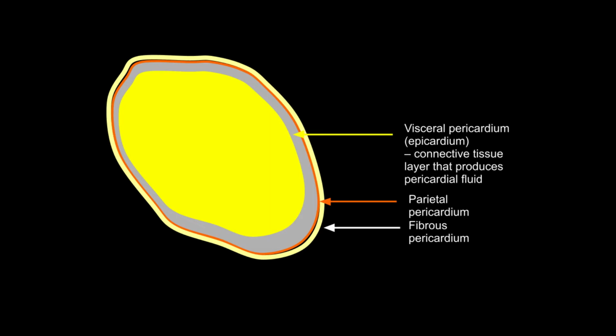And then wrapped around the heart is the visceral pericardium, which is also known as the epicardium. Like most everything in anatomy, the outermost wrapping of any structure is made out of connective tissue. So it is the visceral pericardium or epicardium of the heart that produces the pericardial fluid to lubricate itself.